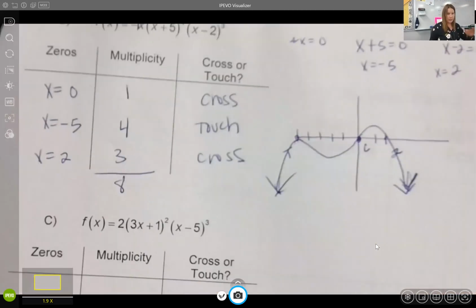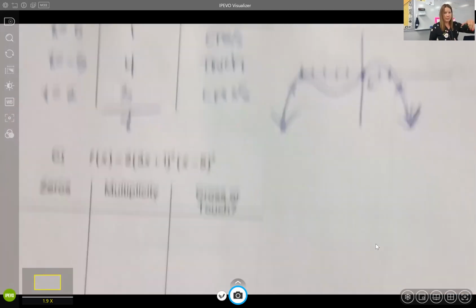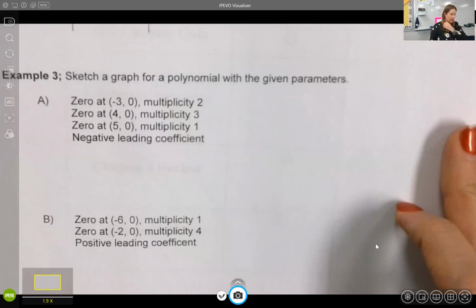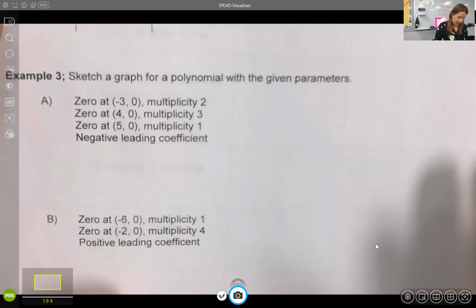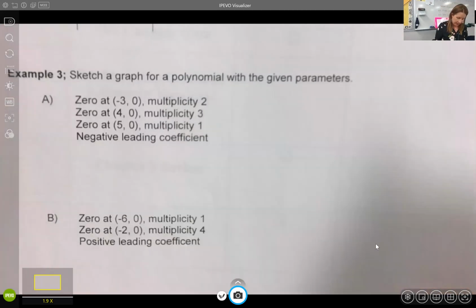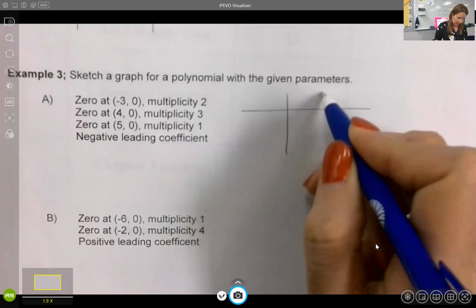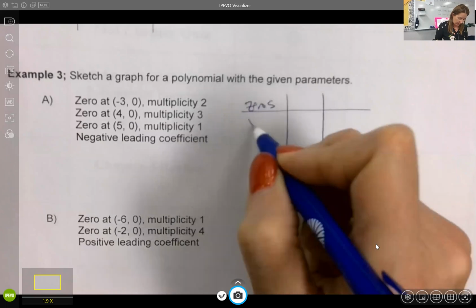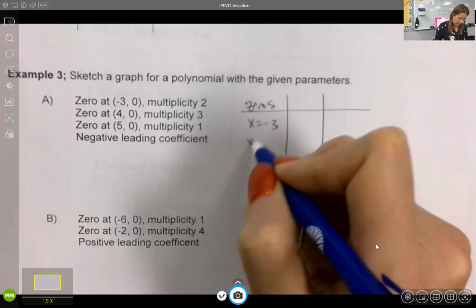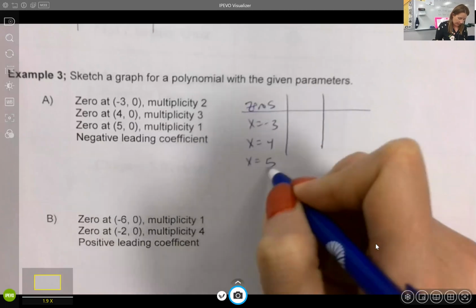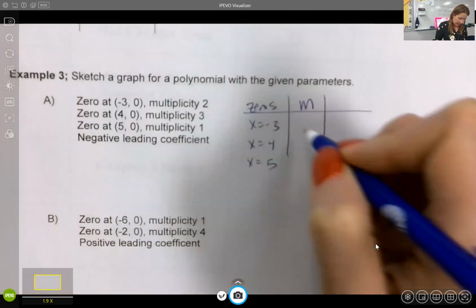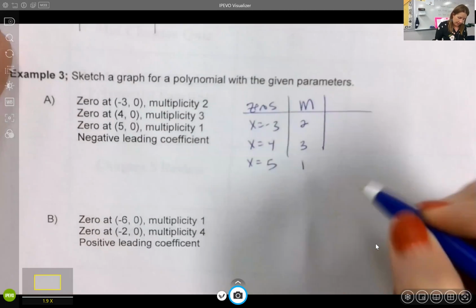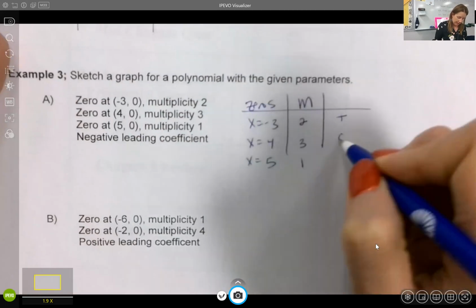All right, let's go down here where it gives us information. We're sketching a graph. So if it gives you information like this and you're sketching a graph, then all you have to do is create a table. Okay, so my 0s are -3, 4, and 5. The multiplicity is 2, 3, and 1. This is touch, cross, cross.